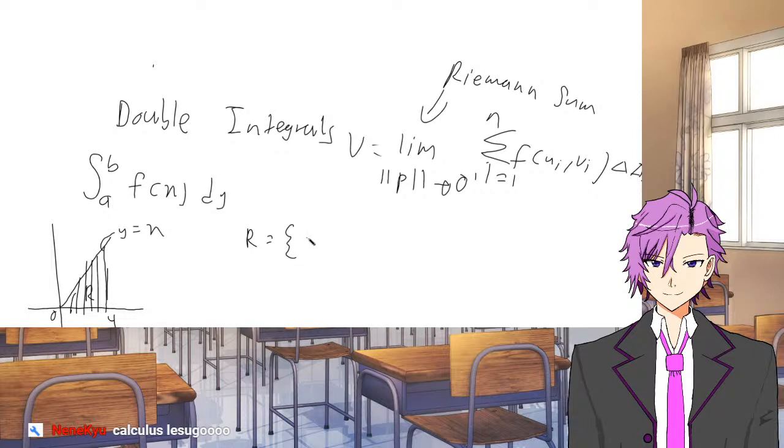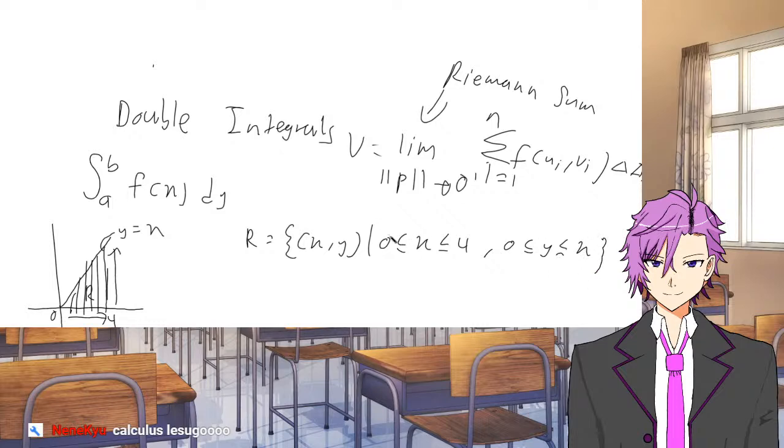So the region of a point (x, y), if we want to start a region with x first, so x would be from 0 to 4, and y would be from 0 to x.